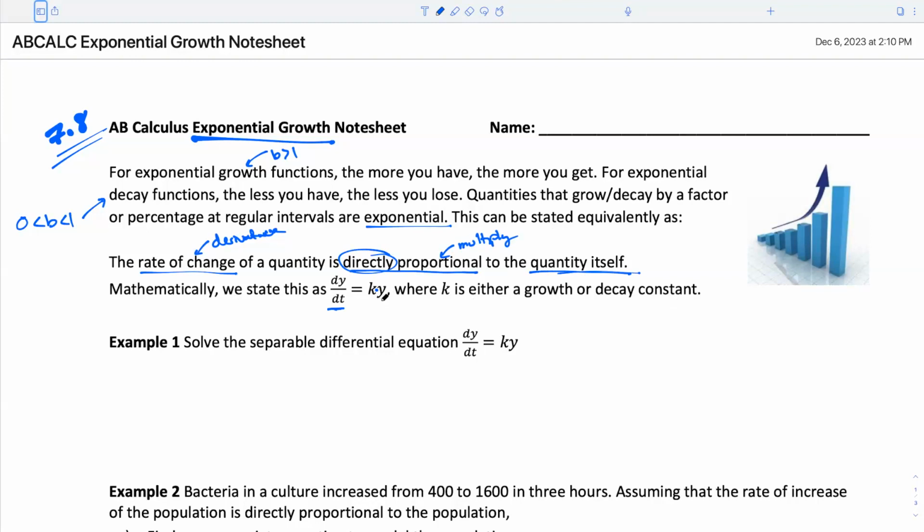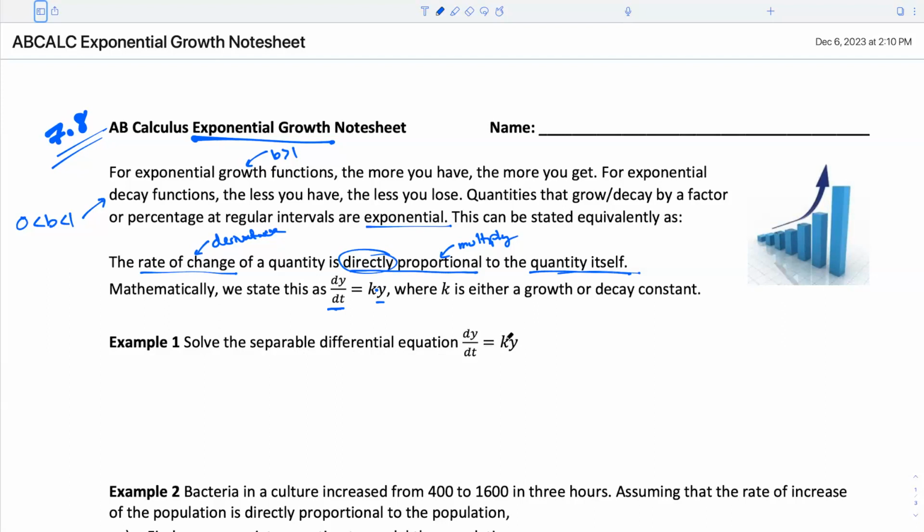Okay, and y is going to represent, in exponential, we know that y represents technically the a, which is the y-intercept. All right, let's solve the separable differential equation when it's in an exponential form.